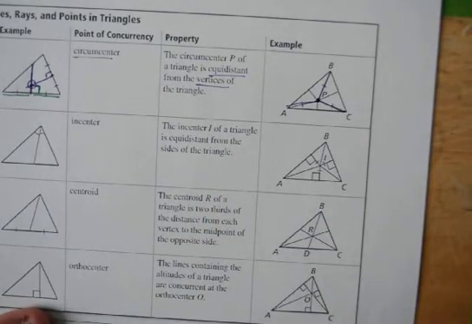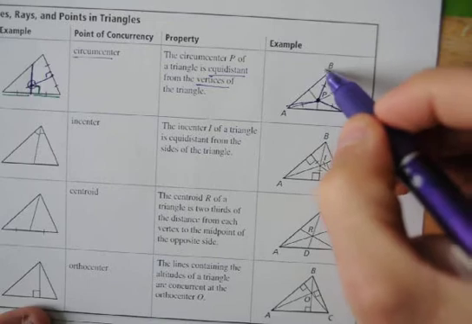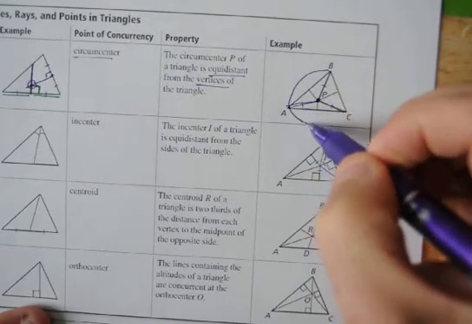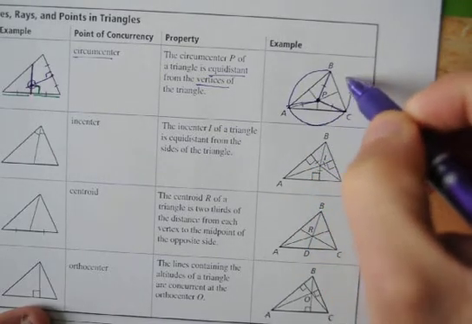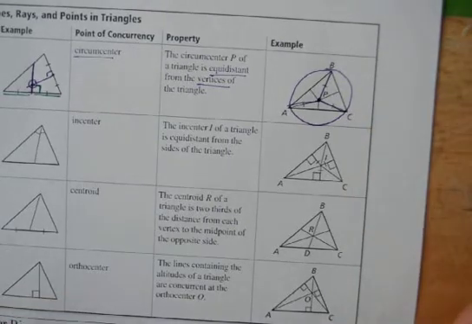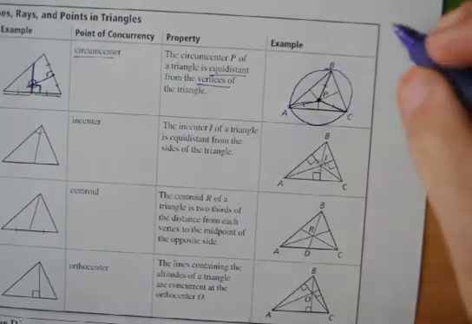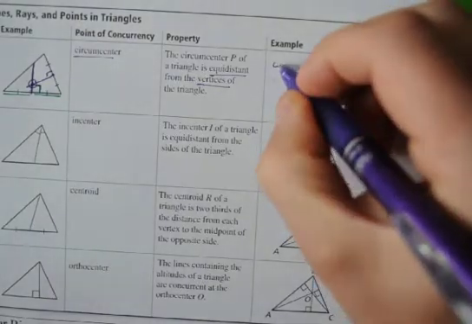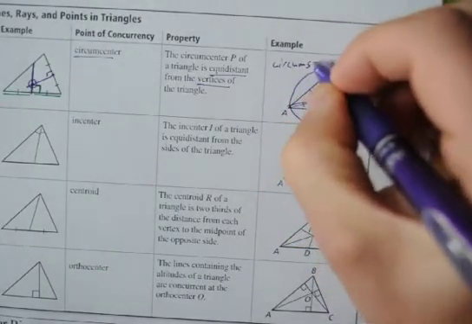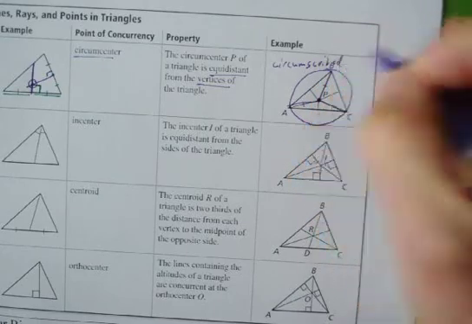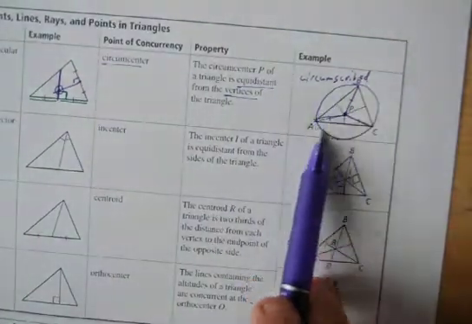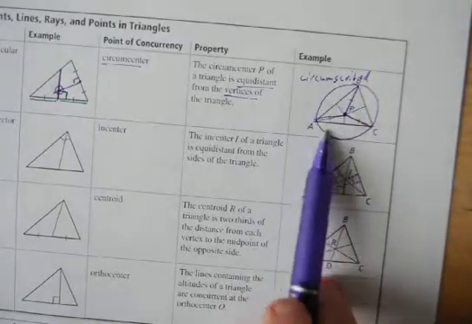What that allows me to do is to draw a circle around the triangle, and that's called a circumscribed circle. A circumscribed circle goes around the triangle.